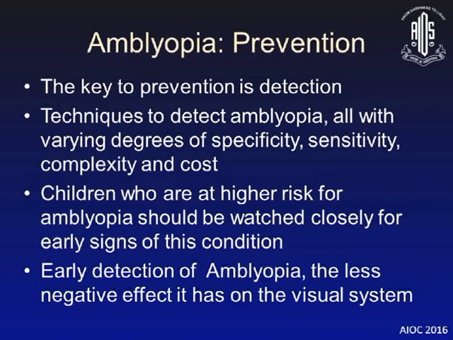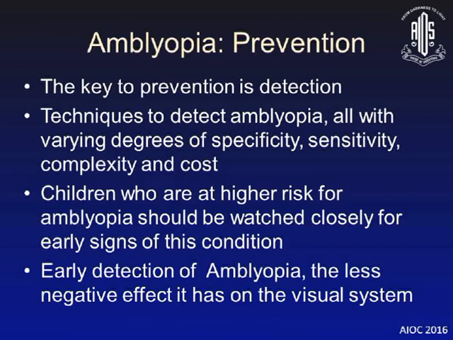The prevention of amblyopia can be done through different techniques, and the techniques have varying degrees of specificity, simplicity and sensitivity. Children at high risk of amblyopia have to be watched closely for early signs of this condition.